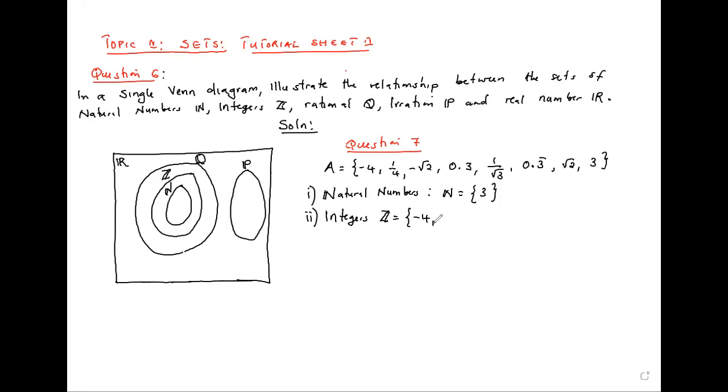So we have -4 and 3. Then 3, we go to rational numbers.